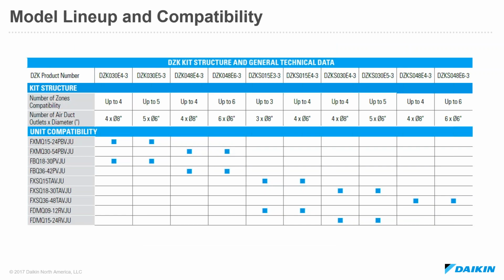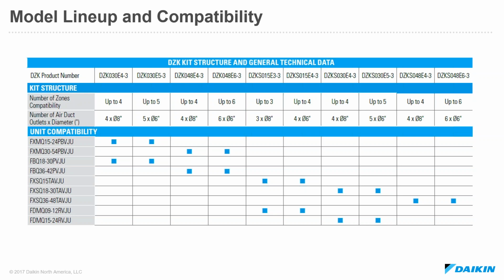When it comes to the model lineup and compatibility of the DZK series, on the left side of the table here, we have the existing lineup of DZK that connects with the FXMQ and the FBQ. If you're not familiar, I'll cover that quickly. The DZK 030 is compatible with the FXMQ 15 to 24 PB series, and that's available with either 4 outlets or 5 outlets.